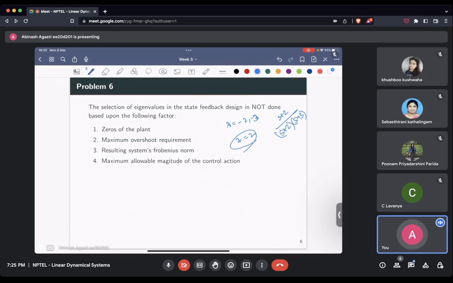That will not give me the desired response that I want. So even though there is no direct effect of zeros, I just need to make sure that I'm not placing a pole very close to one so as to avoid a pole zero cancellation. But apart from that, I'm alright. I do not need to worry too much about the zeros. Then do I need to worry about the maximum overshoot requirement?